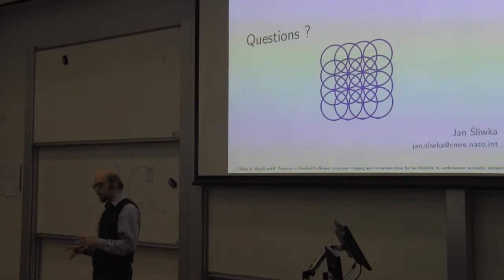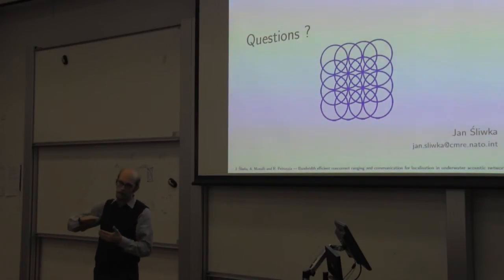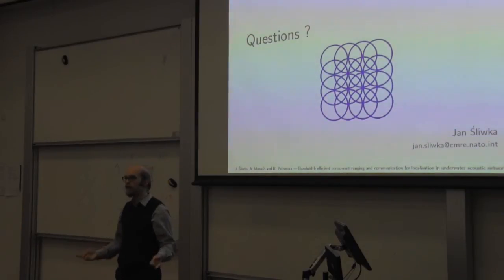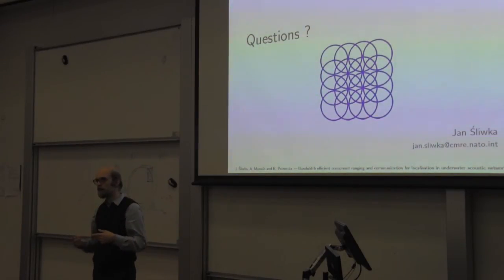Then they couple it with a DVL, Doppler velocity log, which measures the velocity of the AUV with respect to the ground with acoustics. You have 4 beams going down, and when they come back, you measure the Doppler shift in the acoustic wave, and this is how you measure your velocity. This is included in the INS, which fuses all this data to compute a very precise position at the end. So it's very sensor-based.